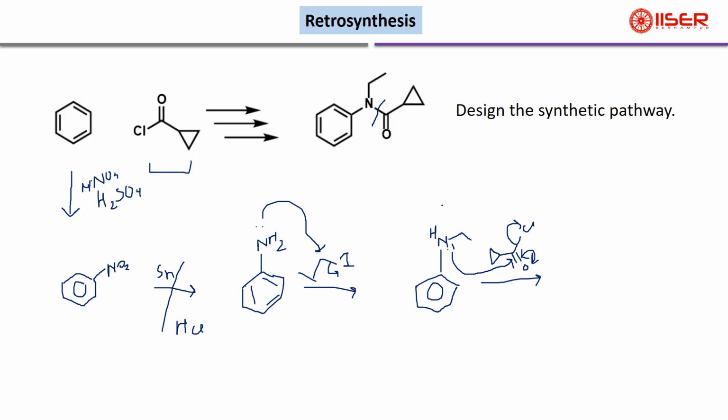After aniline, we add CH3CH2, no? Yes, ethyl iodide.